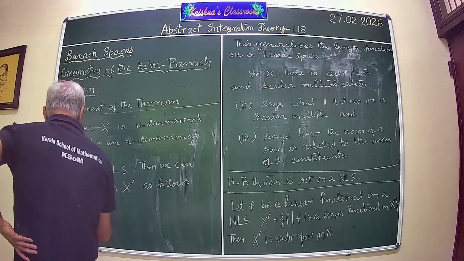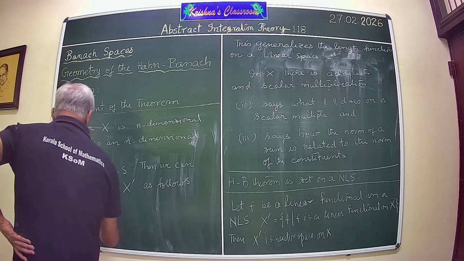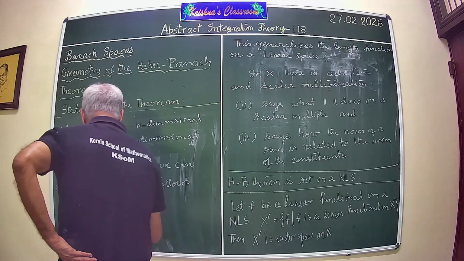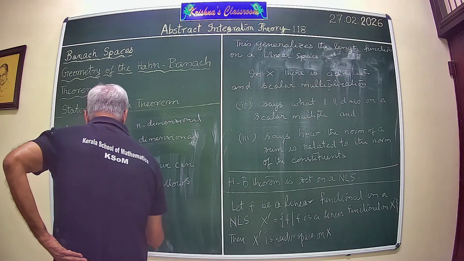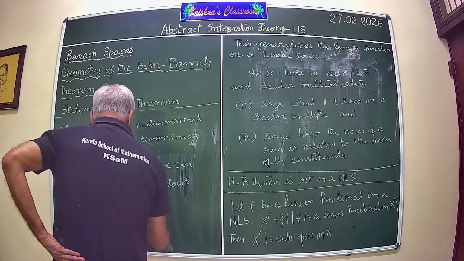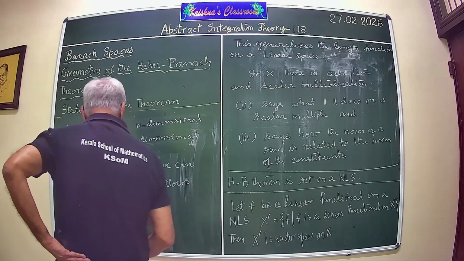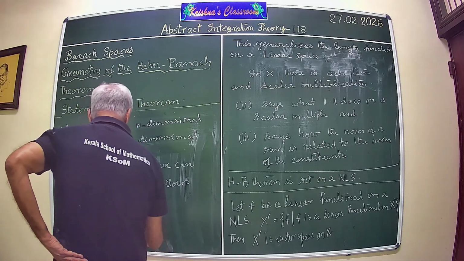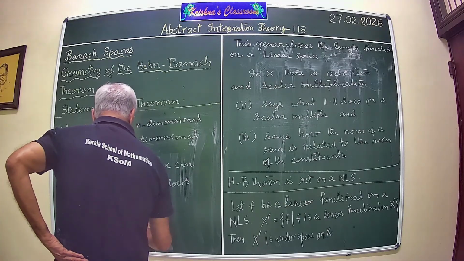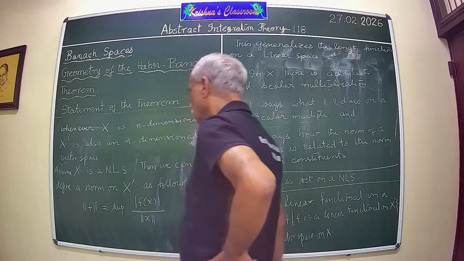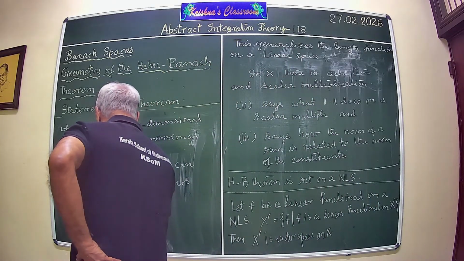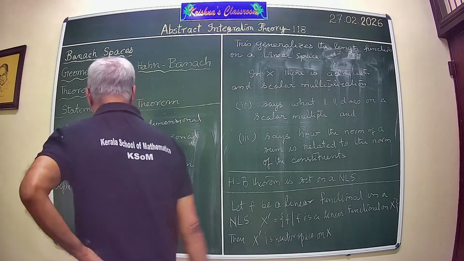We define norm of f to be equal to the supremum of f of x divided by norm of x, x not equal to 0.